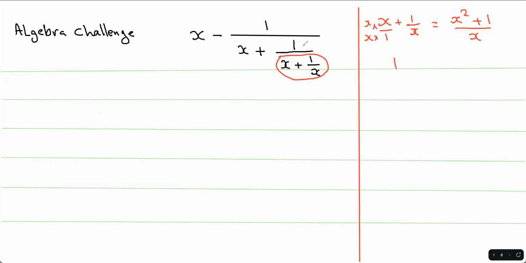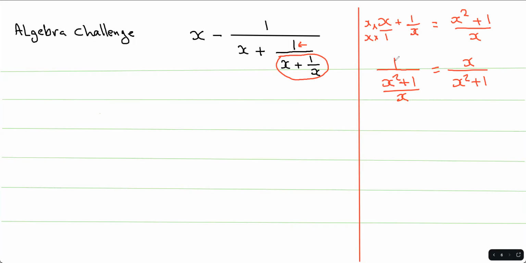1, I'm talking about this one right here, over x squared plus 1 over x. You just know if you have 1 over a fraction, you could just change this to x over x squared plus 1. So flip this basically, because this is 1 divided by this.